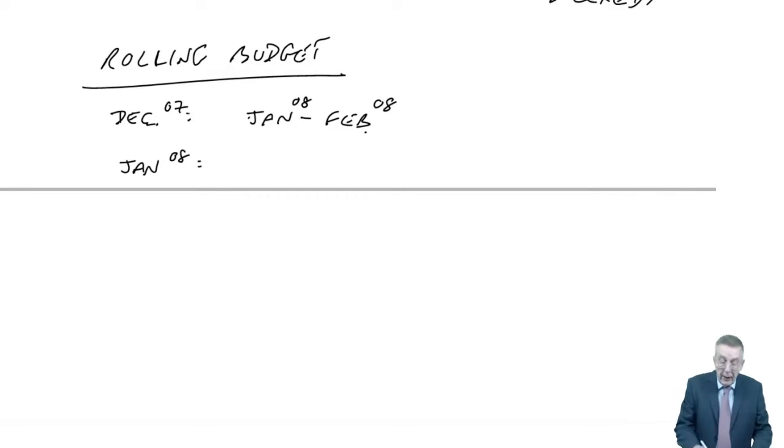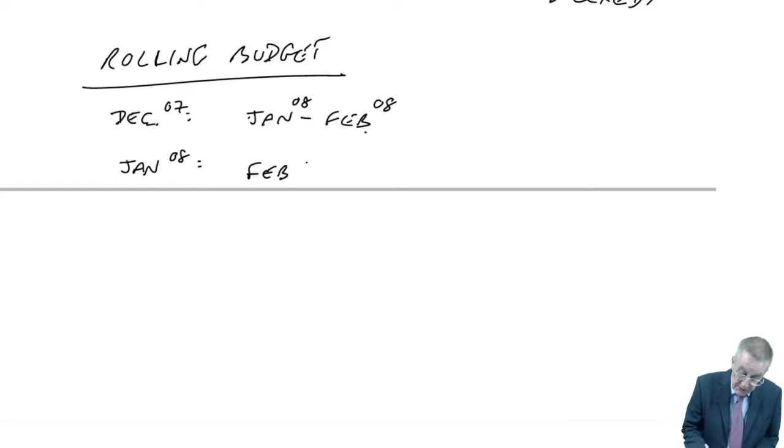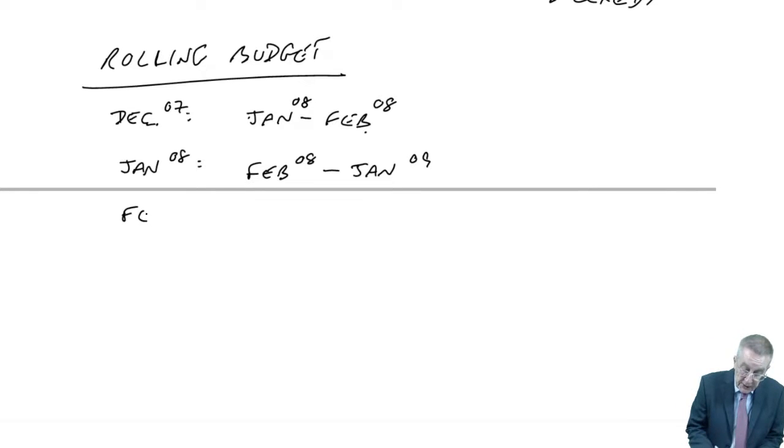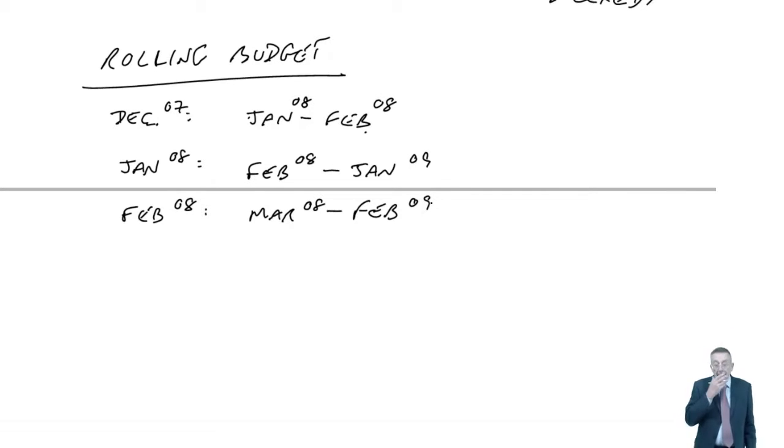So in January, we'll budget from February 2008 for 12 months to January 2009. And similarly, February 2008, we'll budget for the following 12 months, so March 2008 through to February 2009, and so on. I think you see what I mean. Every month you're doing a budget for the following 12 months.